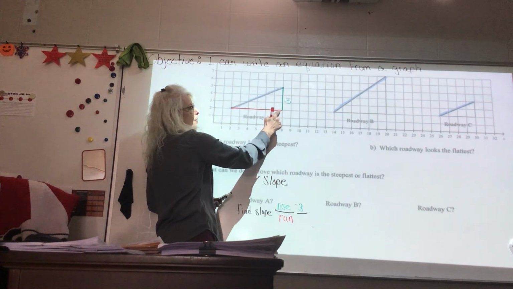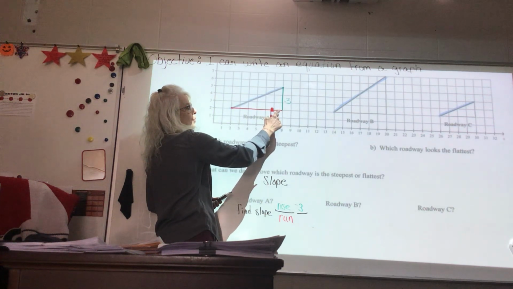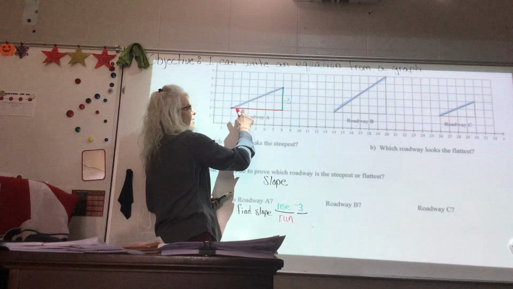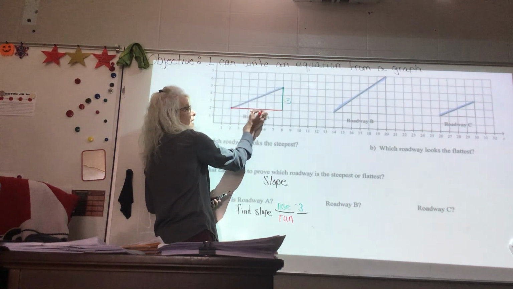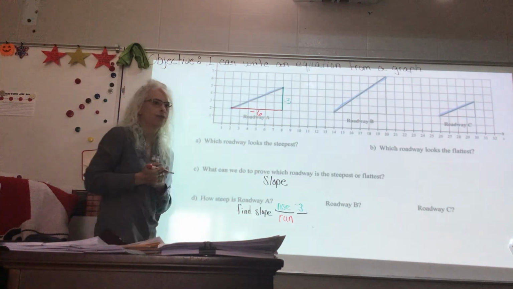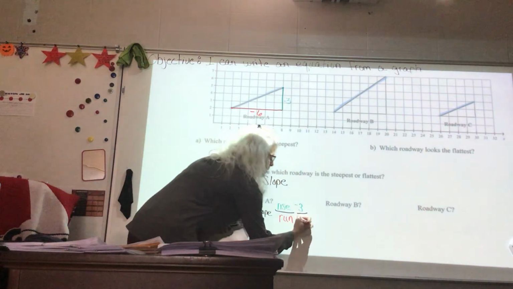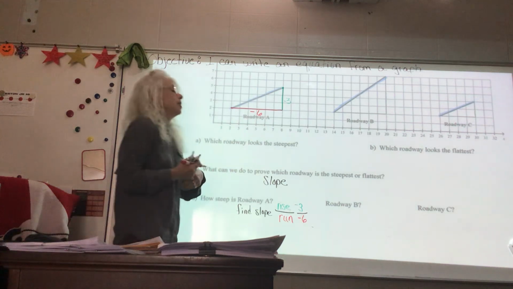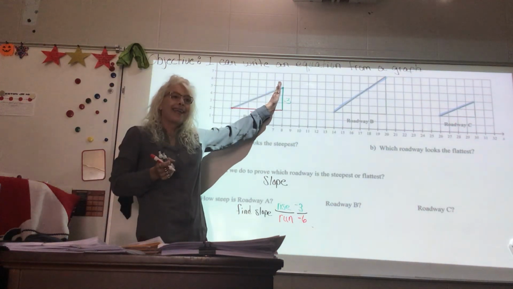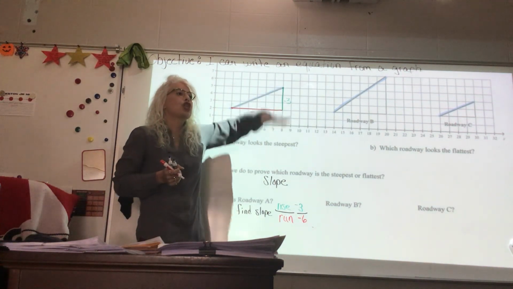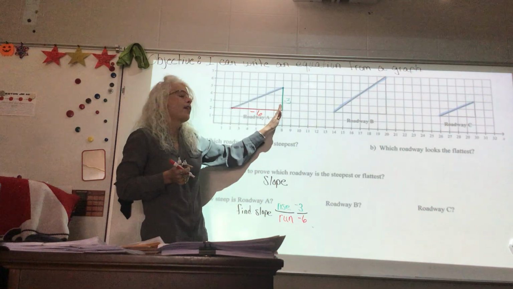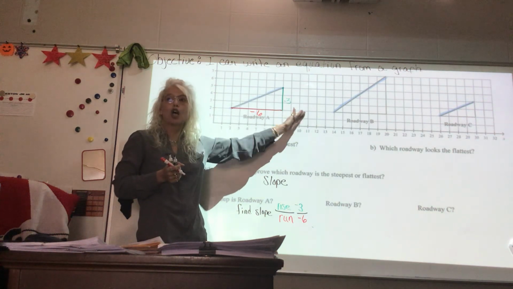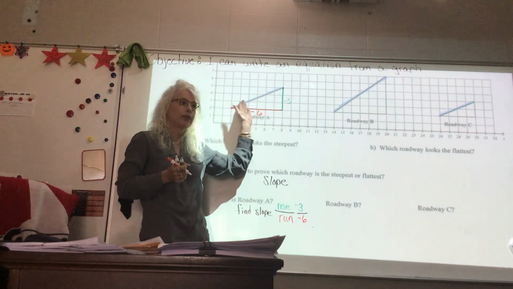To run over to the beginning, I have to run through 1, 2, 3, 4, 5, 6. So I have to go to the left, negative 6 squares. So this is going to be negative 6. When we're finding the rise, it's just telling me the change in the height. And when I'm finding the run, that's just telling me how long it is, the change in the length of it.